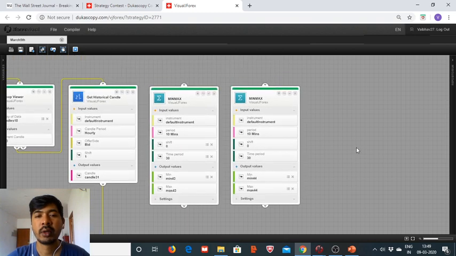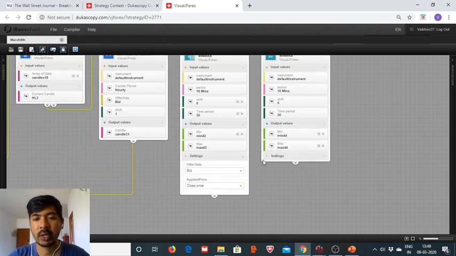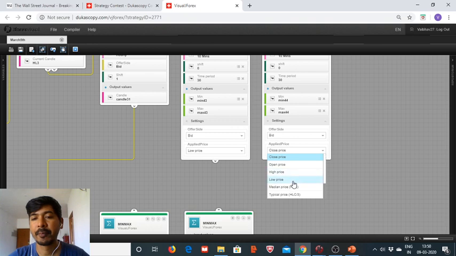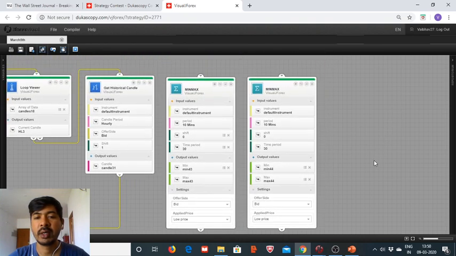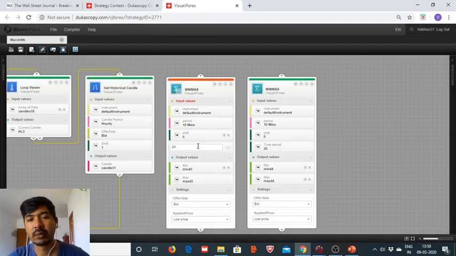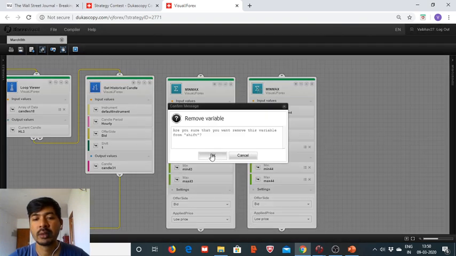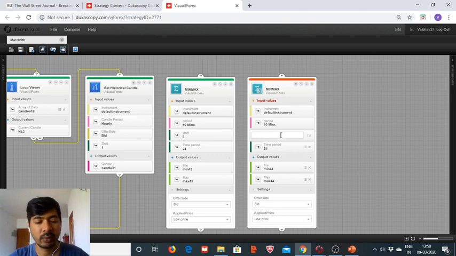Now, here first we define the minimum values, the bid, and the low price. We change the time period to 24. The shift here it will be 0, but here we will make it as shift 24.